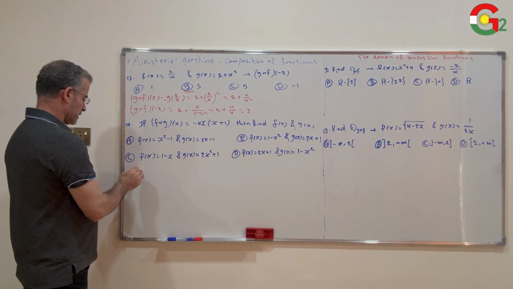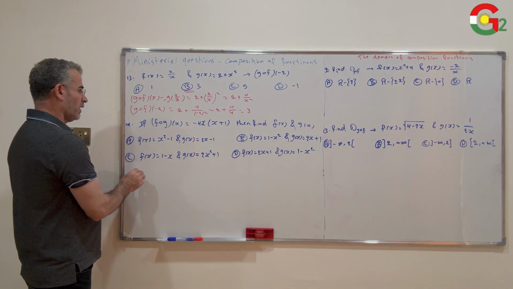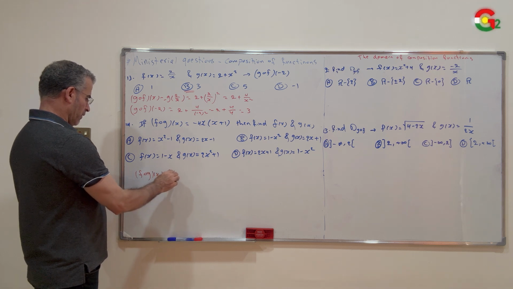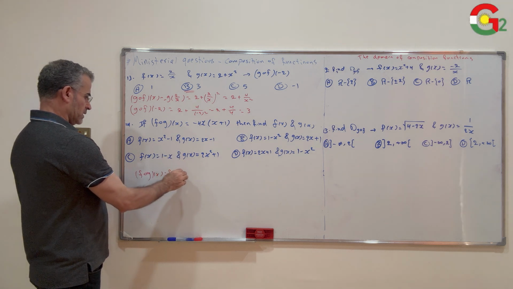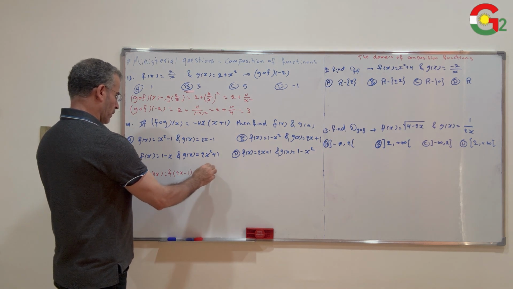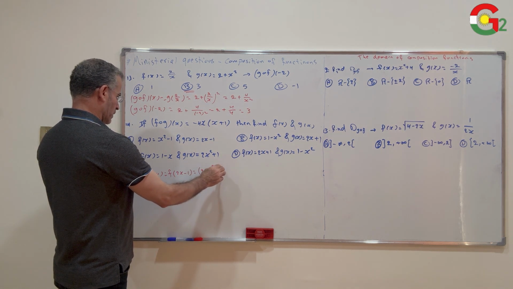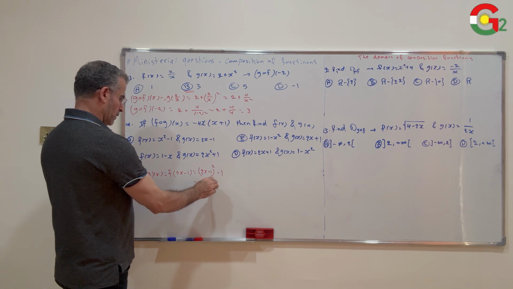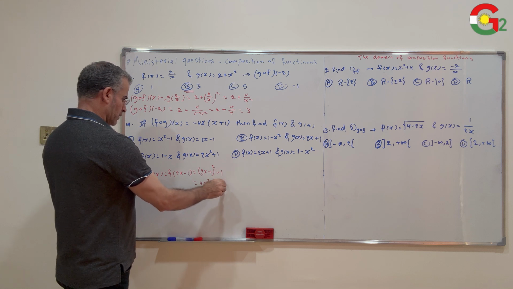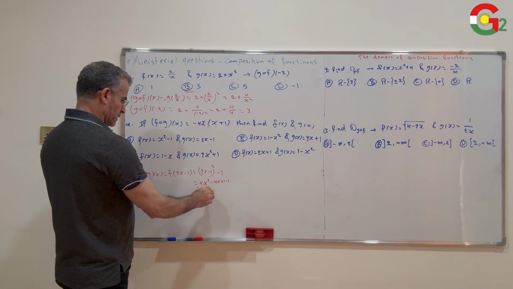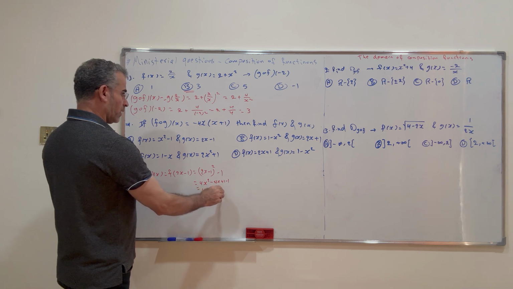For the first choice, f of g of x equals f of 2x minus 1, which equals (2x minus 1) squared minus 1, which equals 4x squared minus 4x plus 1 minus 1, which equals 4x squared minus 4x.